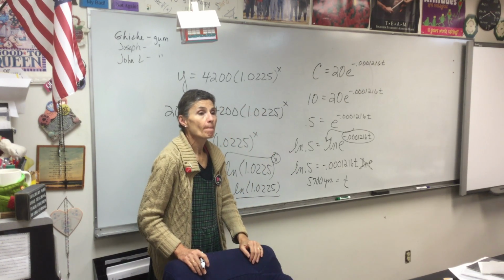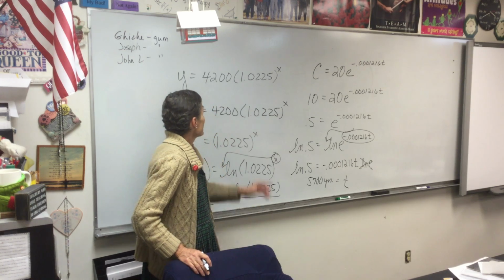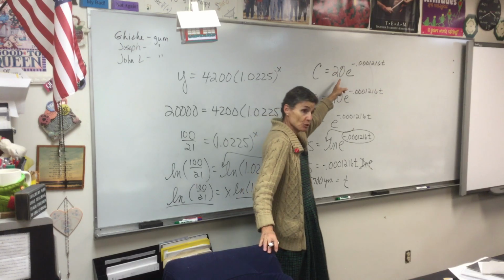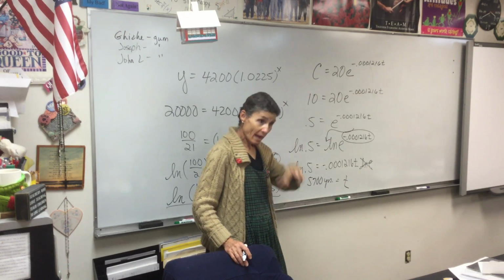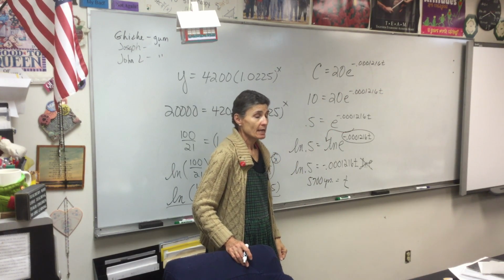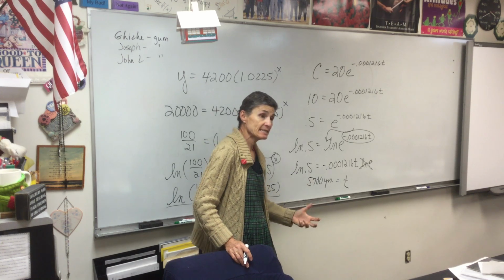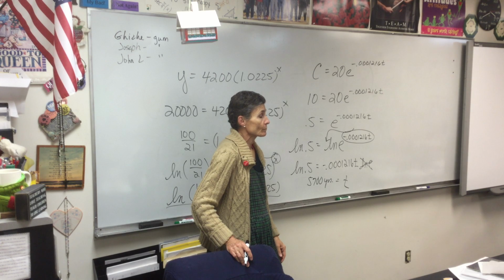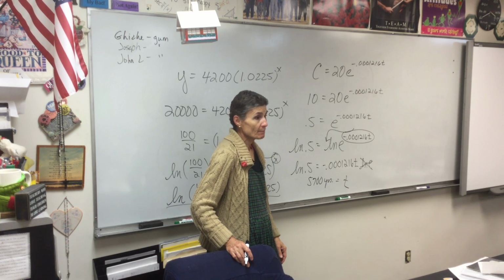Brooke? We're dealing with half-life, and the initial value is 20, so half-life would be 10. If the initial value had been 18, I would go to 9. All right? We got it? Yeah.